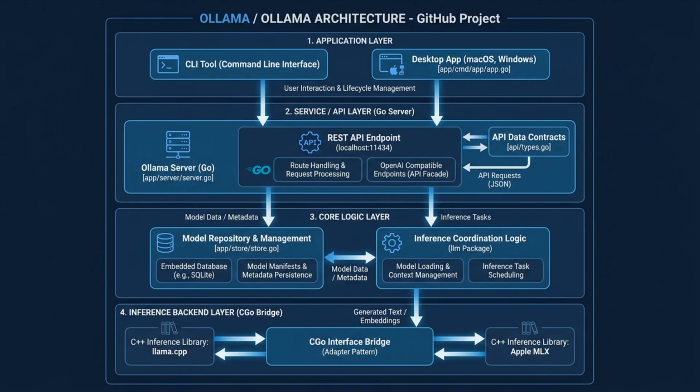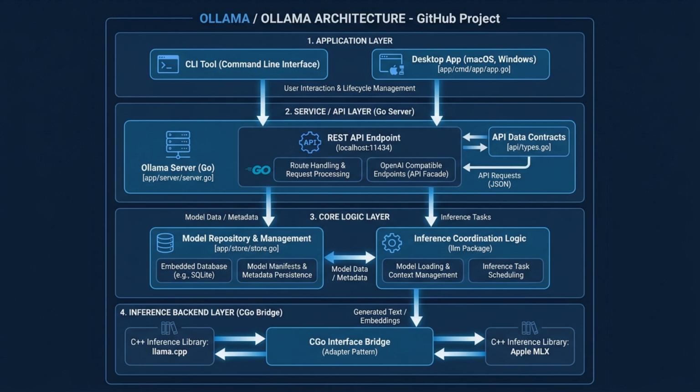The core problem Llama is solving is the incredibly high barrier to entry for local AI. Think about what it used to be like. If a developer wanted to run an open source model, they had to manually manage complex dependencies, compile C++ code, and wrestle with configuring model weights. The whole process was time-consuming and, frankly, very error-prone.